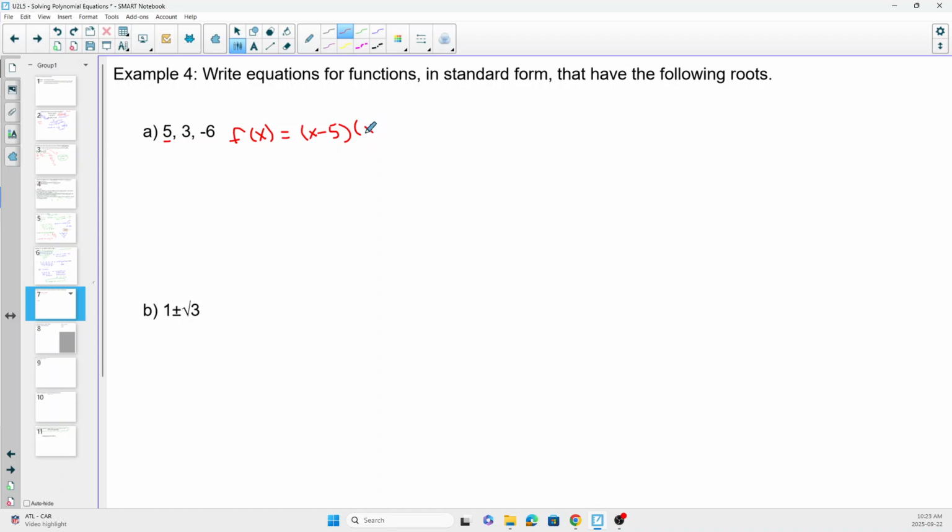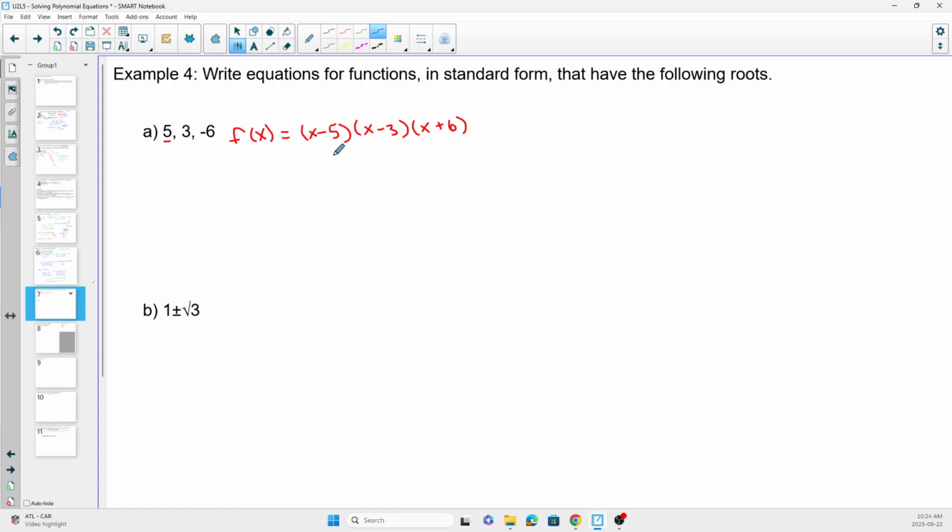Positive 3 is x minus 3, and negative 6 is x plus 6. We have written an equation, and again, it's a possible equation. We can't say for certain because we don't know what the a value is, but the thing here is this is asking for standard form, so that's where we have to distribute.